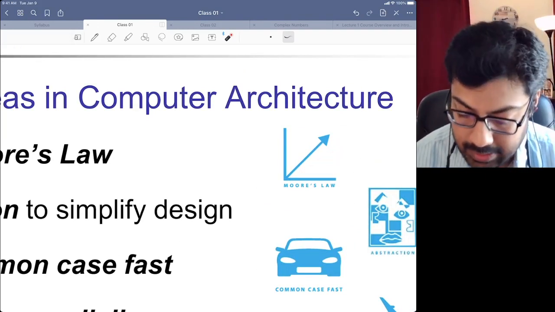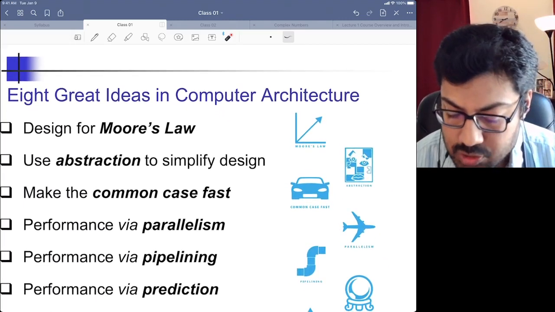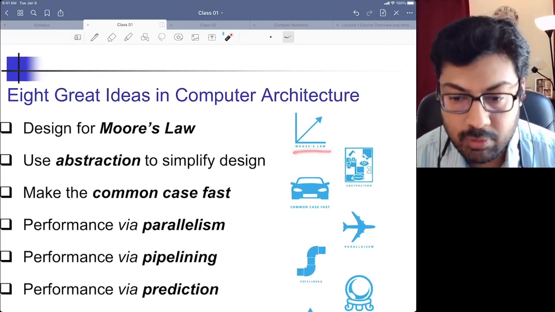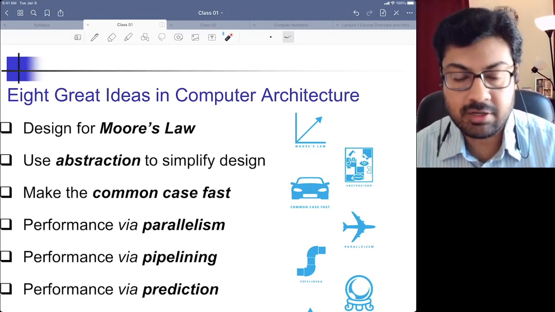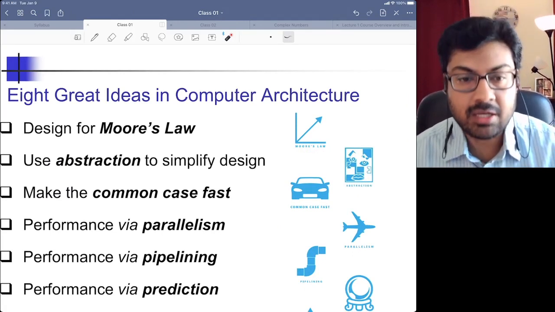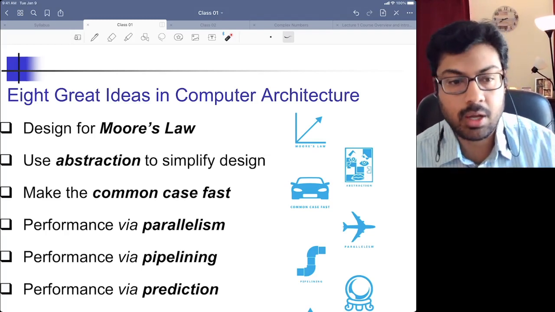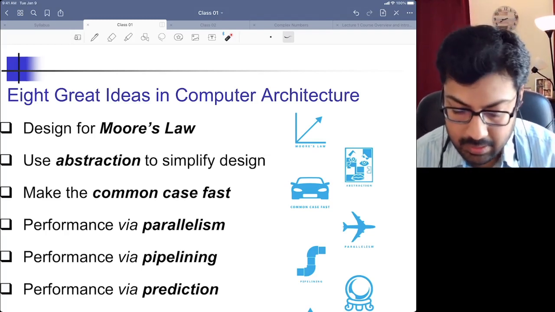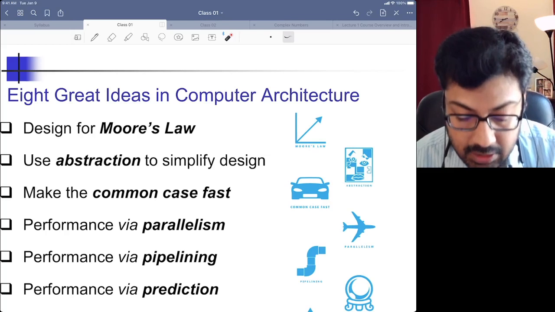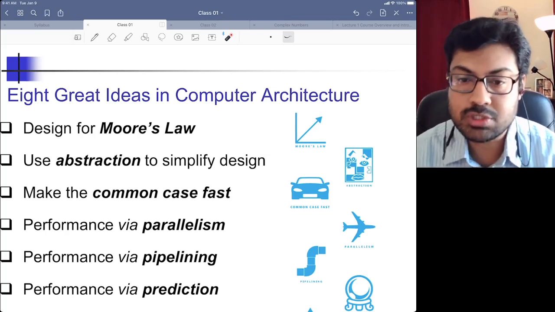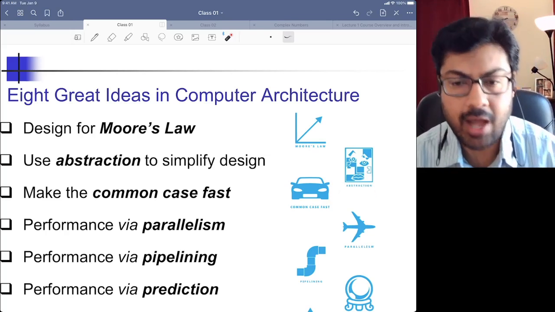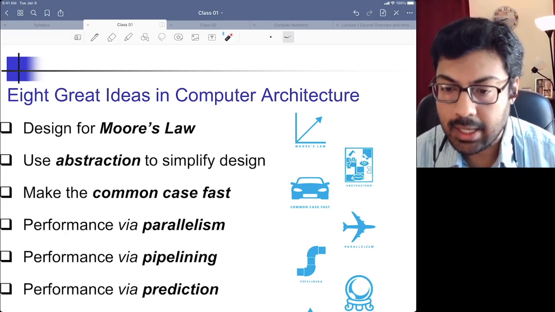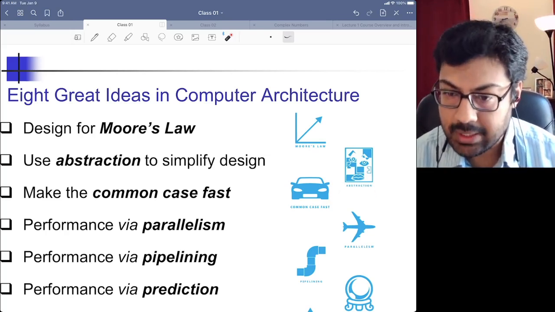Whenever we refer to this in the textbook, you should understand that it means the designer is thinking about Moore's law and designing for it. The second great idea is use abstraction to simplify design, and an abstract painting is the icon used for that in the textbook.